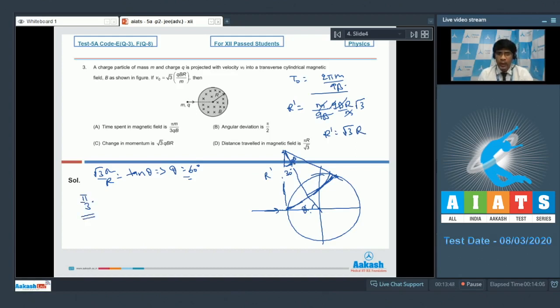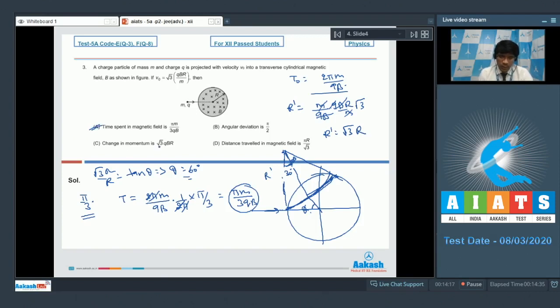So the time it will take to move from here to here in the magnetic field would simply be t equal to 2 pi m divided by qB, divided by 1 by 2 pi into pi by 3. So this will cancel out, or it is pi m divided by 3 qB, the time the particle would be in the magnetic field. Option A is the correct answer.